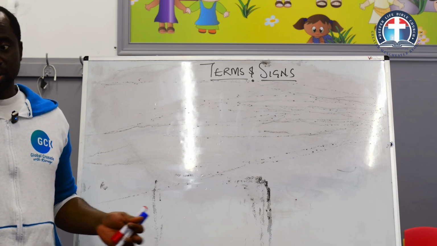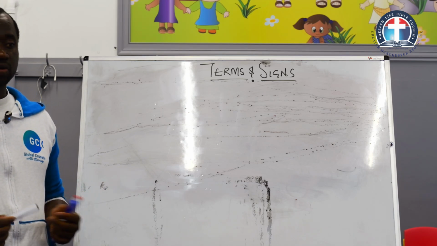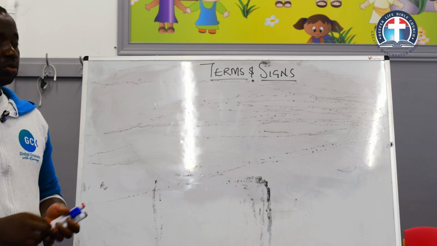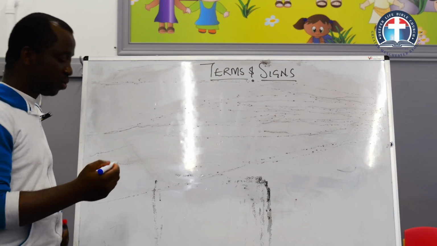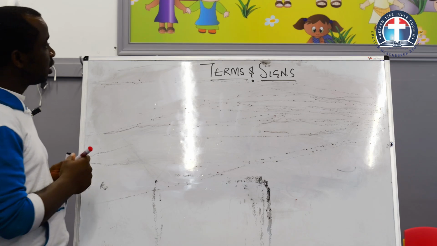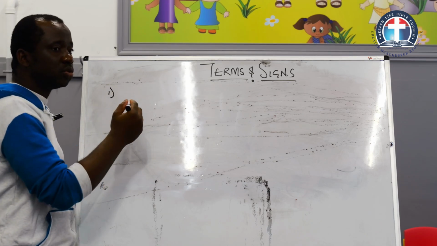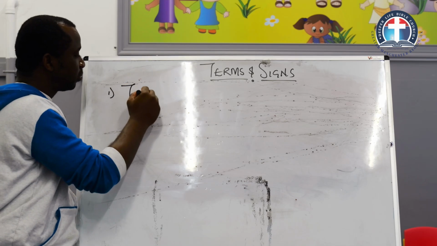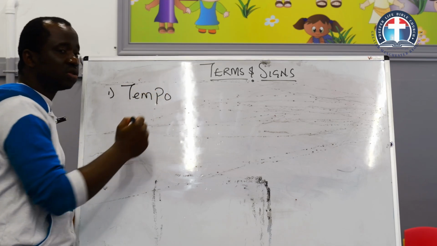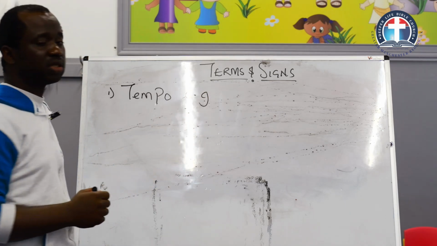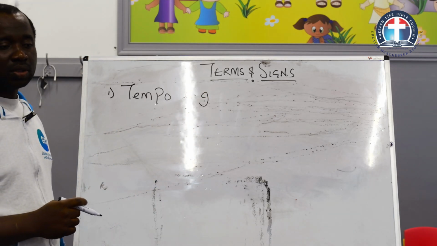But basically what you just need to know is that some signs could relate to what? Tempo. You should know them. The signs that relate to tempo. Can you give me an example of a sign or a term that relates to tempo that we did?